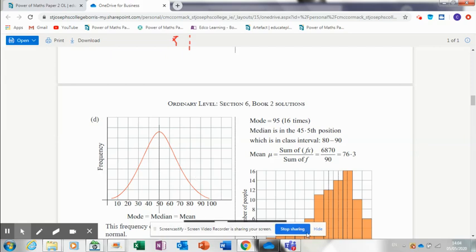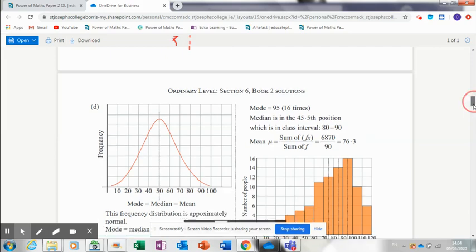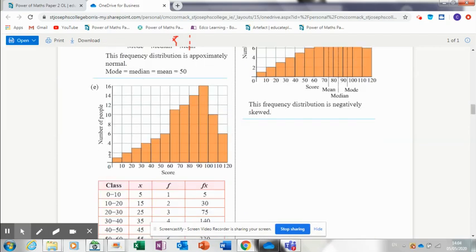Now, what about E? Right, well, I can see here, I just want to get the shape.